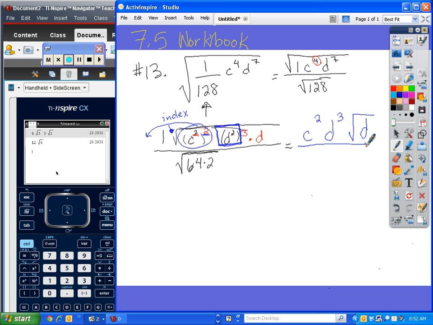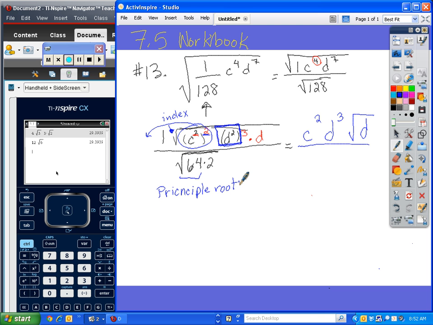Now, we're only taking the principal root here. What was the principal root again? All right, so what's the square root of 64? Everyone. You just told me the principal root. What's a more precise definition of square root of 64?